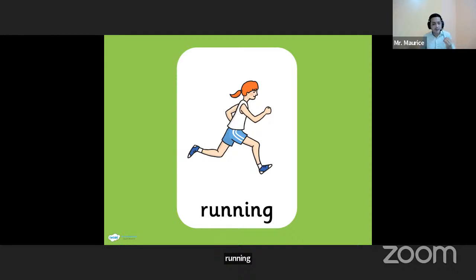Como usted observa, tenemos el ing. Correr es simplemente run, pero aquí queremos describir que esa acción está sucediendo ahora, pues añadimos el sufijo ing. Running, corriendo, endo. Endo es el sufijo de nuestro idioma, en inglés es ing. Let's continue.